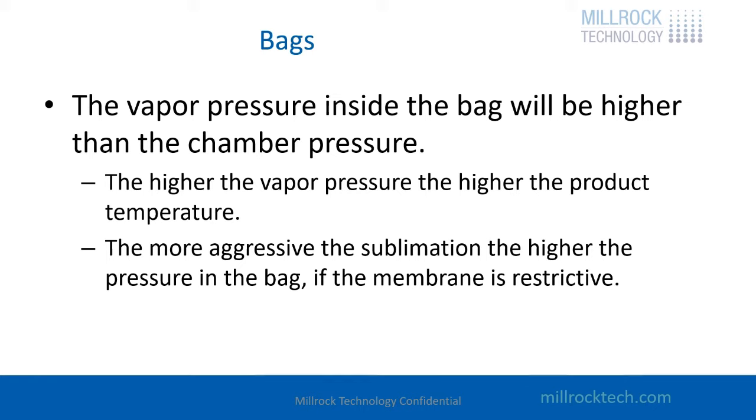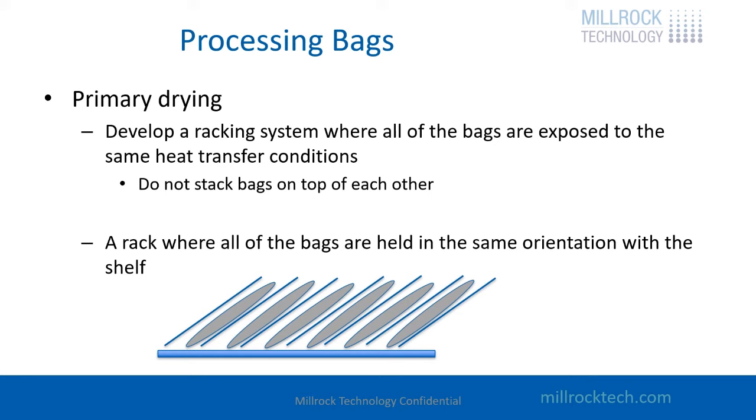So you need to do your tests to show that you're not melting that back. Here's an example of what's recommended if you're processing in bags. A simple rack like this would do. It basically would put all of the bags in the same condition so they're getting the same heat transfer.